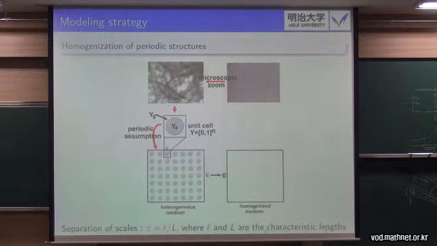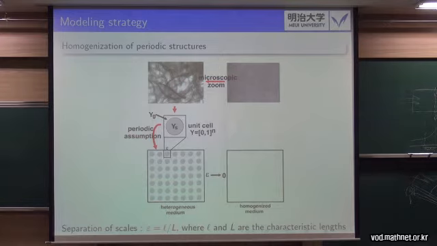So the method we use here is called the homogenization of periodic structures, because the method is based on a periodic assumption on the structure of the material. It is not the physical material, as we can see from here, it is not periodic.